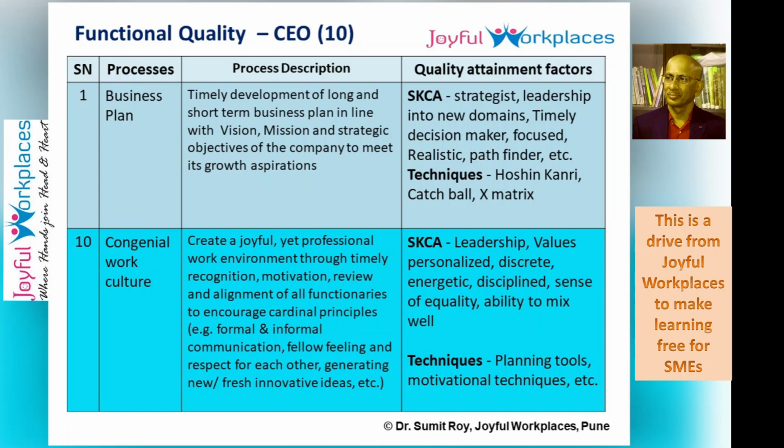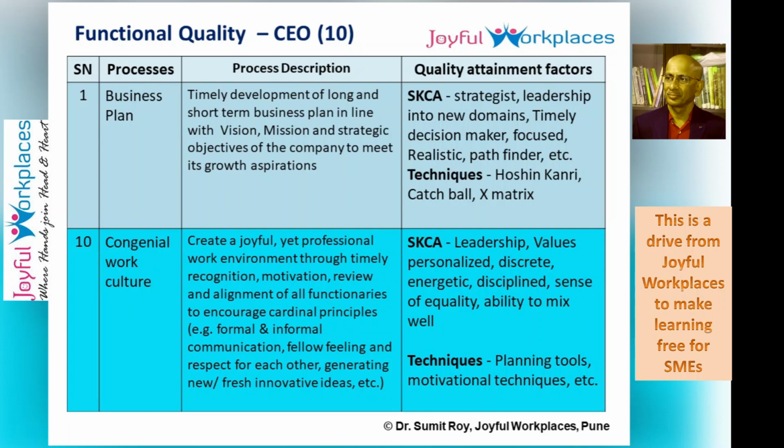We would like to take a couple of examples so that the point can be noted down. And let's start with none other than the Chief Executive Officer, who himself is a functionary. Unlike the entrepreneur who invests money in the organization, the CEO has some fundamental processes to be managed. What we have done is, for the sake of understanding, one or two processes from each of these functionaries, or some of the functionaries, we are going to explain.